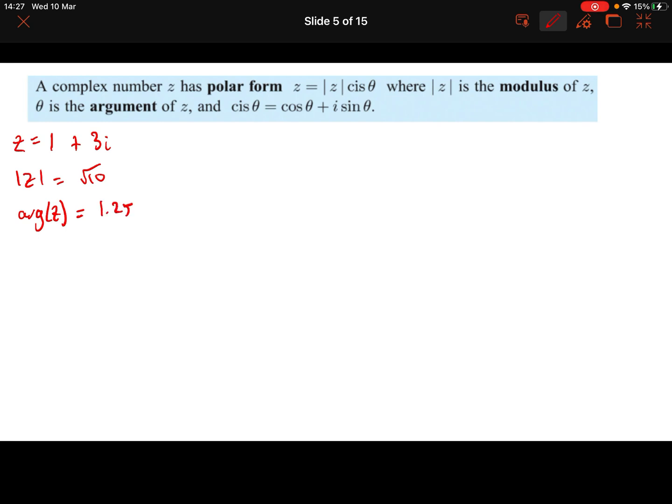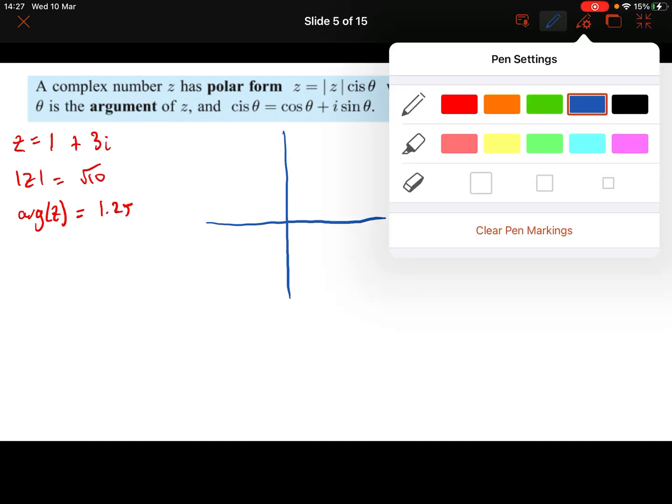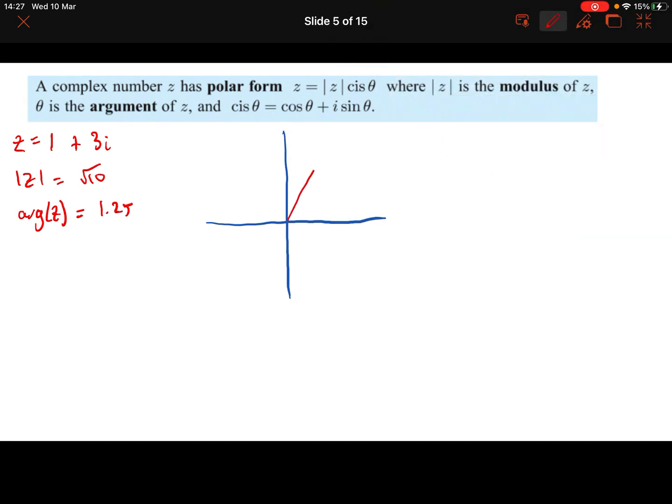Now, let's just draw it again and see what it looks like. It looked something like that. Now, remember how we initially wrote our complex numbers. We said it was a real part plus an imaginary part.